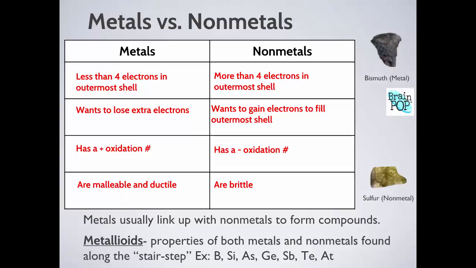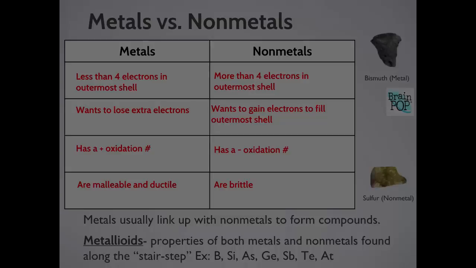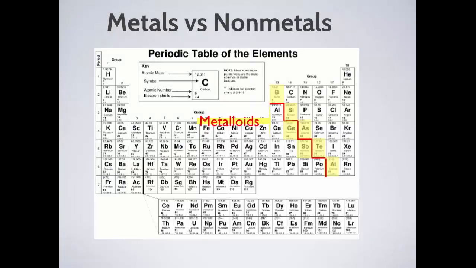Their oxidation numbers can be positive or negative. They're sort of in between. They can act as metals or nonmetals. They're called metalloids, and we identify them once you draw in this little staircase. The things that straddle this staircase, we call them the metalloids.